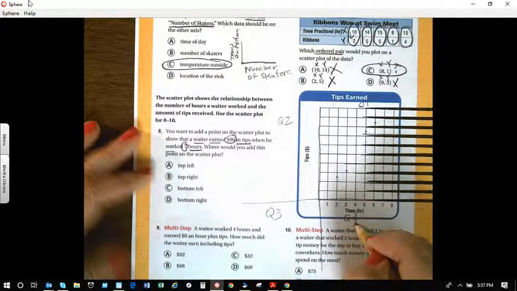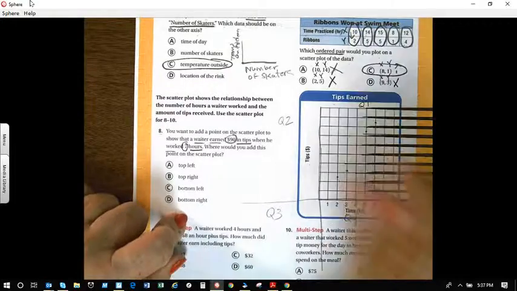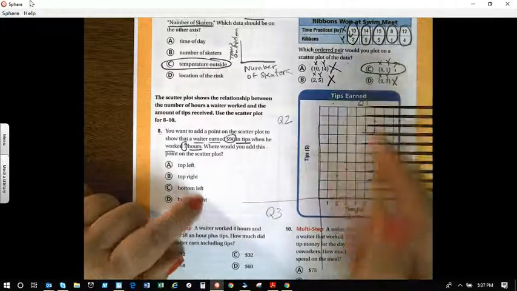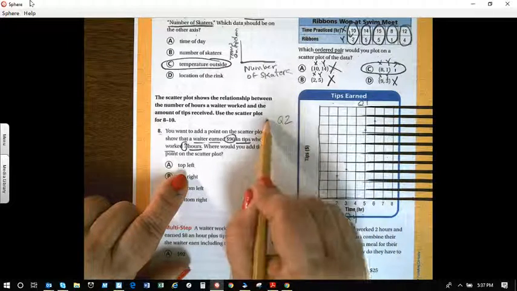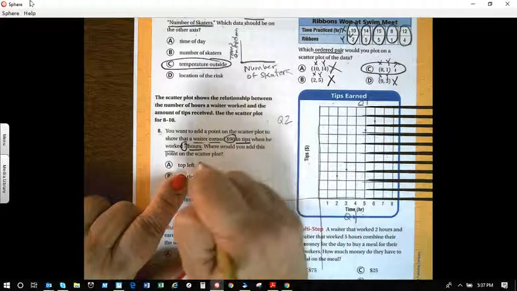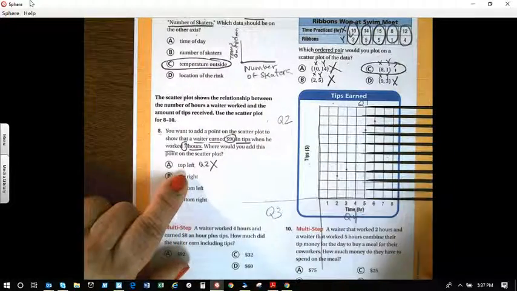In 5th grade, we're only using quadrant 1. So if I go to the top left, that takes me to quadrant 2. So I know that's not the right answer because we don't even deal with that.